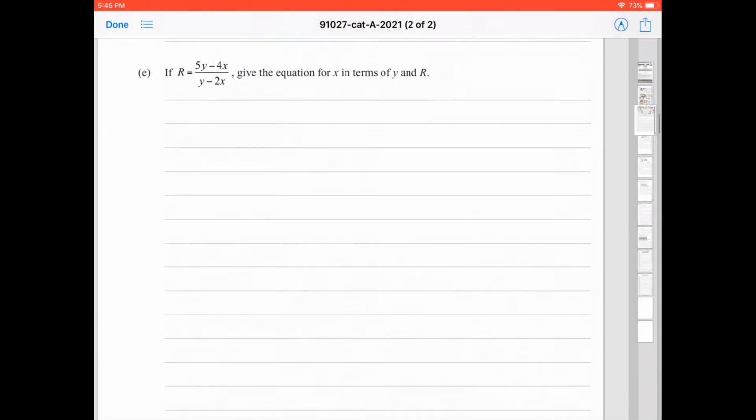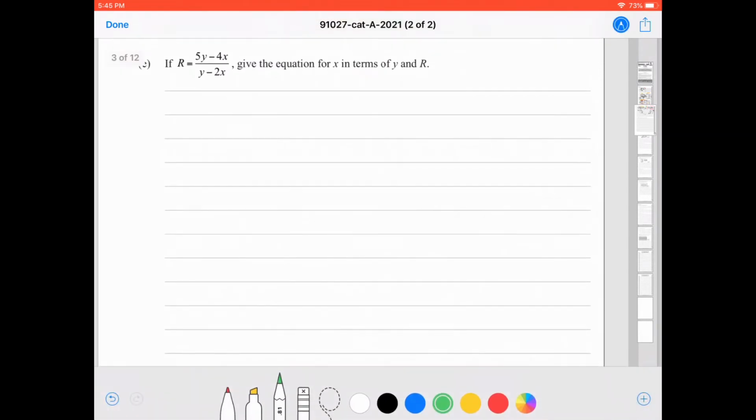Anyway, moving on to question 1e. If r equals 5y minus 4x over y minus 2x, give the equation for x in terms of y and r. Okay, so we've been asked to effectively rearrange here, and they want us to make x the subject.